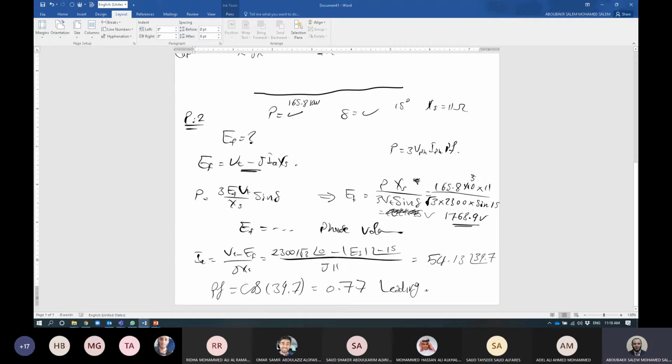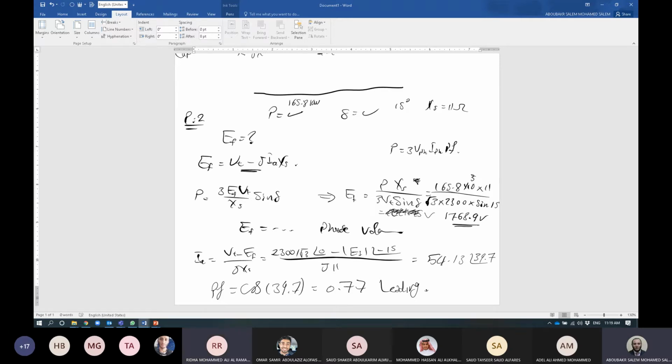Good. Now a theoretical question. Is it logical to have a leading power factor for a motor? What is the answer? This is a motor, which means it consists of inductance and resistance. Can we have a leading power factor?